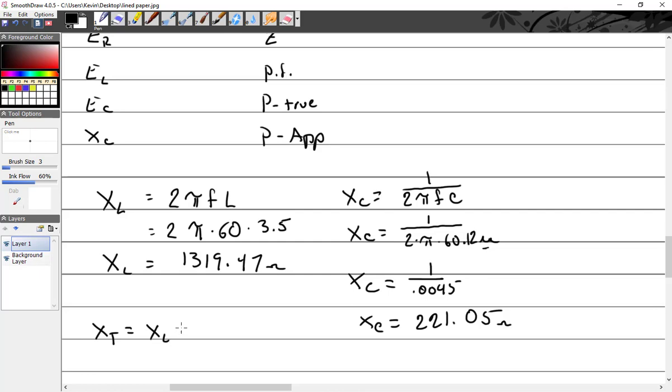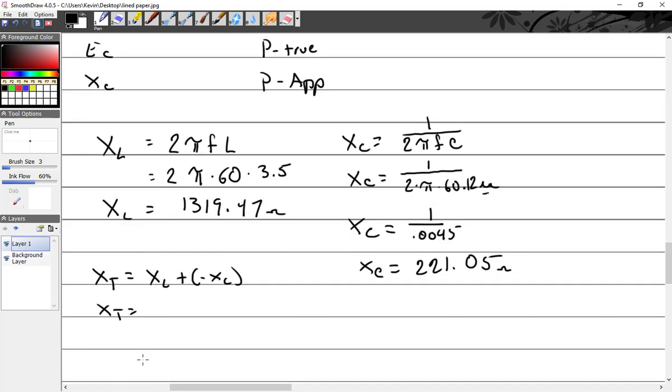X of L minus X of C. All right, so XT equals, what's my X of L? 1319.47 minus 221.05. So X of T equals 1098.42.